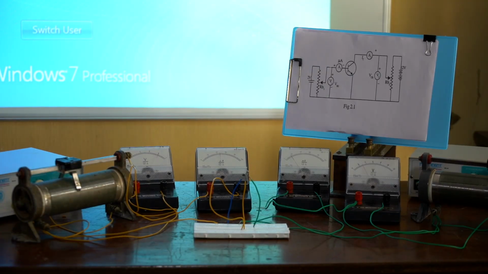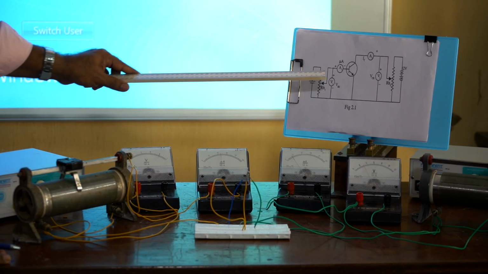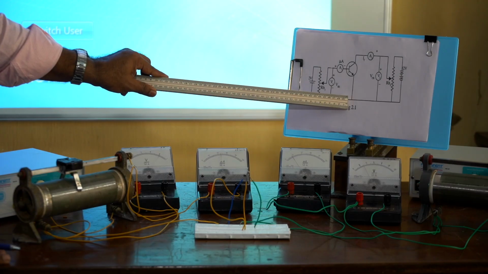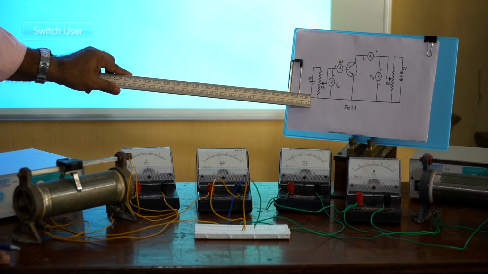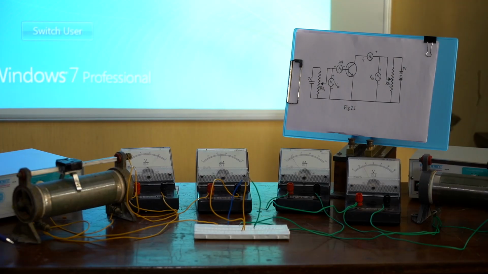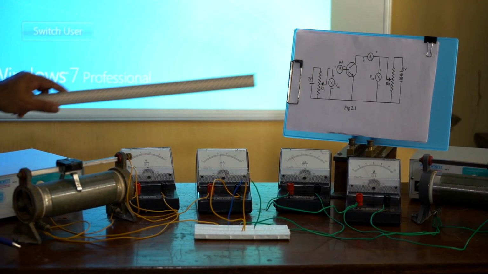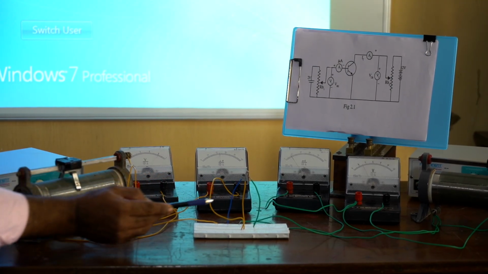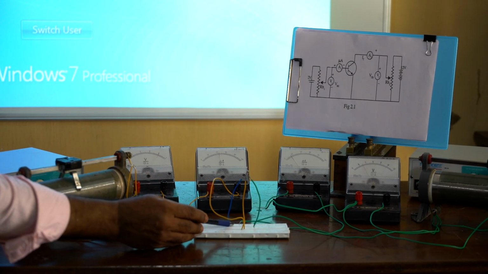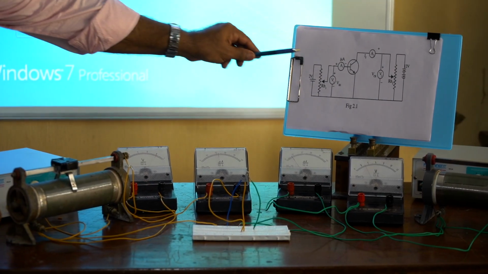Now coming to the experimental setup of the common emitter configuration, we can see the diagram here. The emitter is common, the emitter is grounded, and this is the input side and this is the output side. We are using a BC107 NPN transistor. Here the emitter, the blue one, is given to the common ground, and the yellow one is the base.